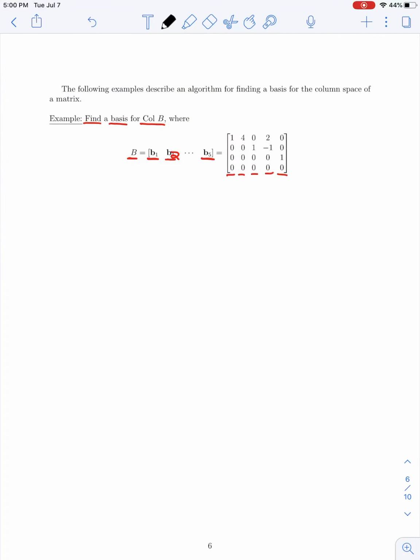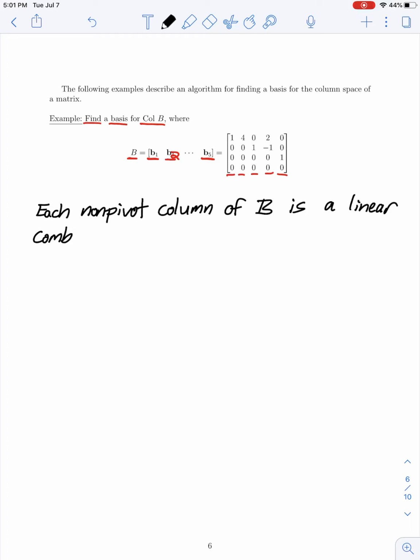So in particular, each non-pivot column of the matrix B is a linear combination of the pivot columns.